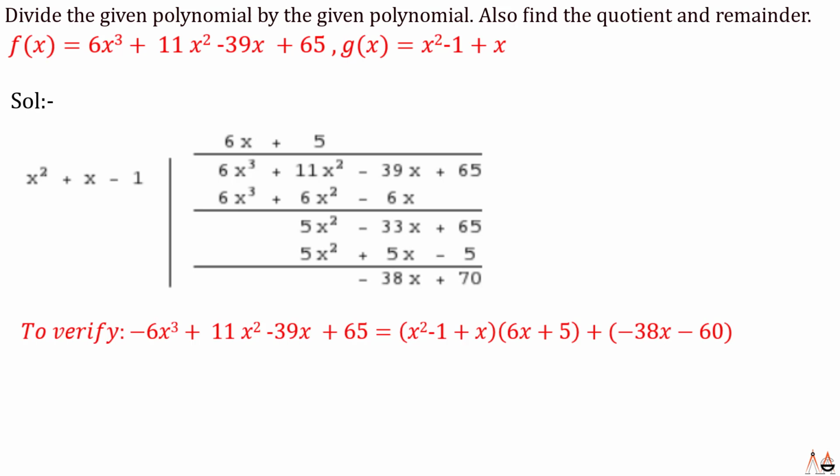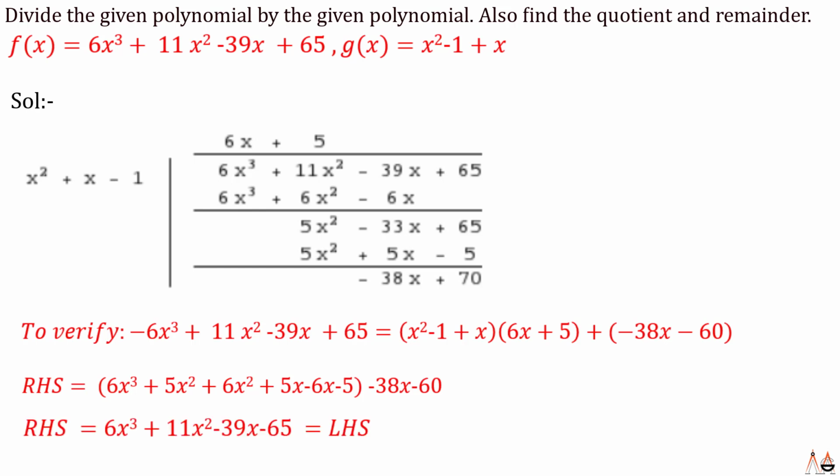And if we in fact expand the right side, we get 6x cubed plus 5x squared plus 6x squared plus 5x minus 6x minus 5 in parentheses, and then minus 38x plus 70. And in fact, that equals 6x cubed plus 11x squared minus 39x plus 65. And so in this case, we have got back the original polynomial, and hence we have verified the division algorithm.